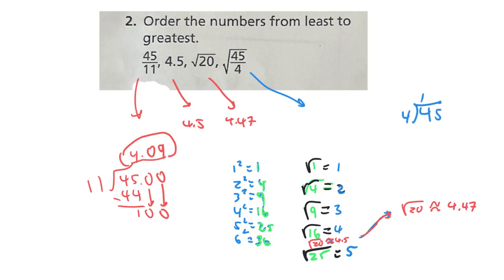Well, that would be 1, subtract 0, drop the 5 down, and 4 goes into 5 once, and then that's 4, and then you subtract, and then you would drop that 0 down. 4 goes into 10 two times, and so on. So this would be 11.2-ish, right? There's probably more to it than that.